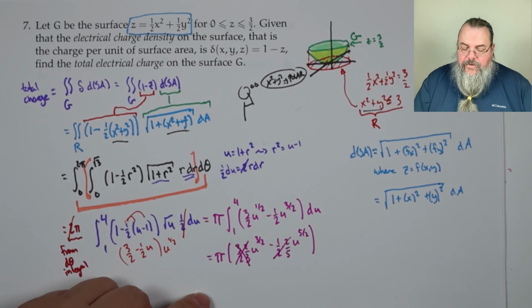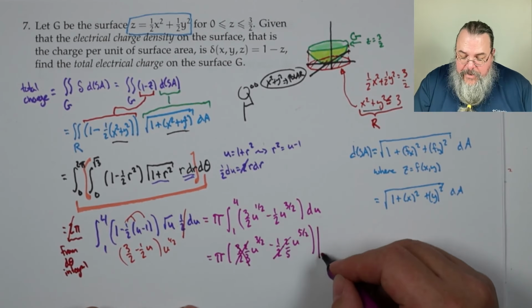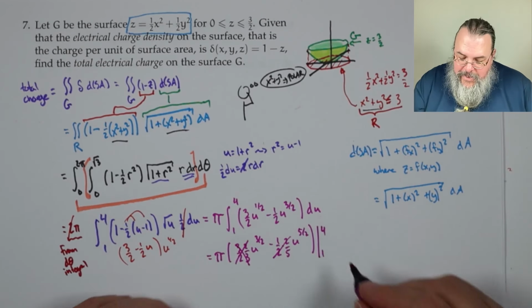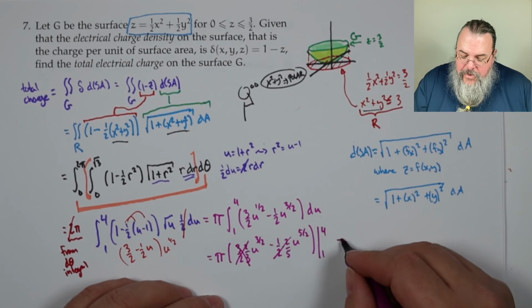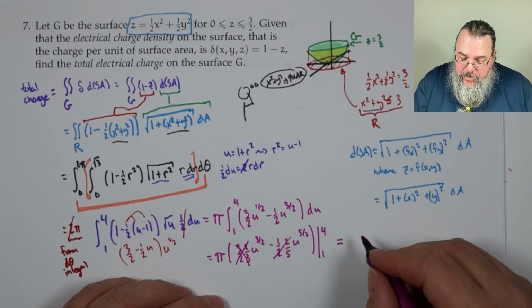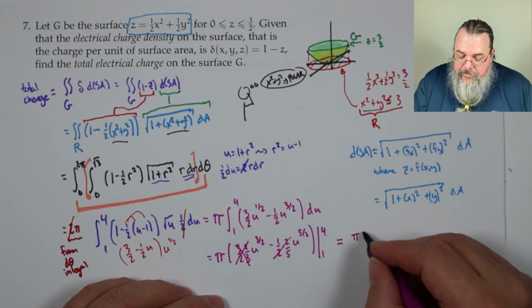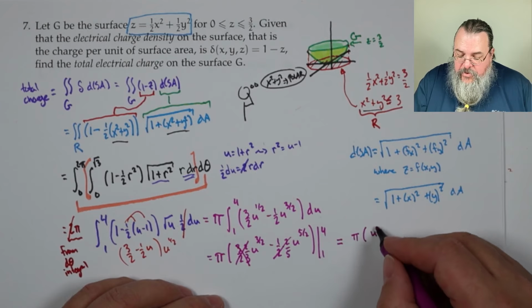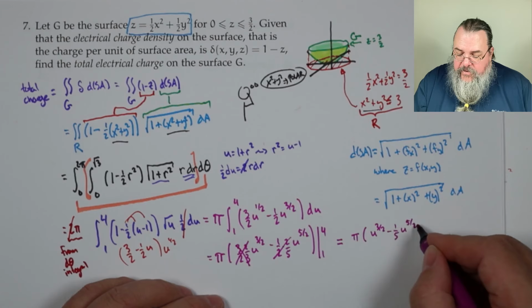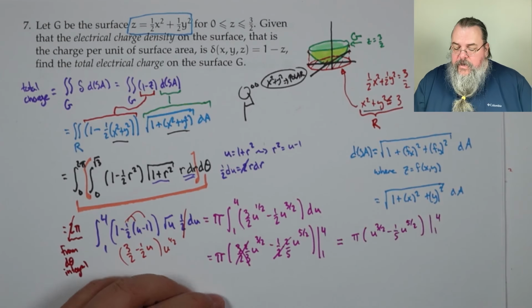Here the 2's cancel, and we're evaluating 1 to 4. So this is pi times u to the 3 halves minus 1/5 u to the 5 halves, from 1 to 4.